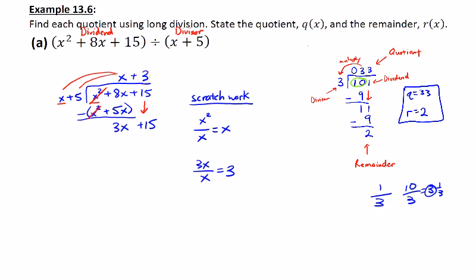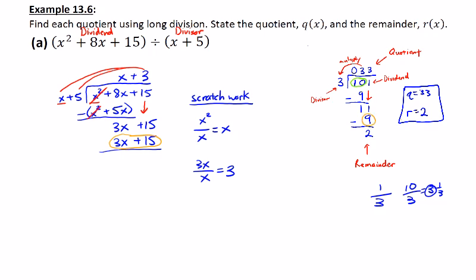So I need to multiply again. I'm going to take 3 and multiply it with the x and with the 5, resulting in 3x plus 15. And then that 3x plus 15 would be analogous to this 9 that we have.